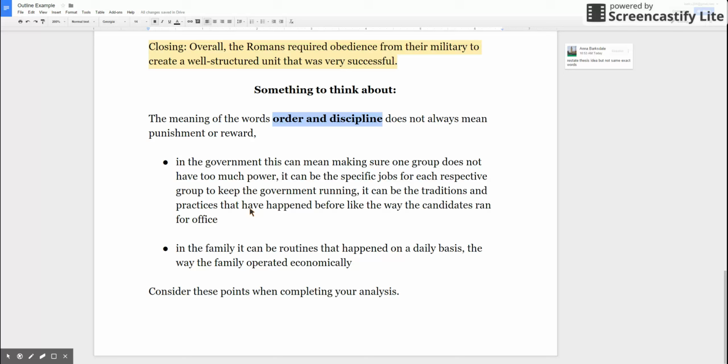It can be traditions and practices, such as the way that the candidates ran for office that happen year after year. In the family unit, it can be routines that happen on a daily basis. The same with fashion, the same with living in the home. It can be the way the family operated economically or had the religious practices. Consider these points when you're completing your analysis, because simply saying that they are going to be punished or rewarded doesn't always work.